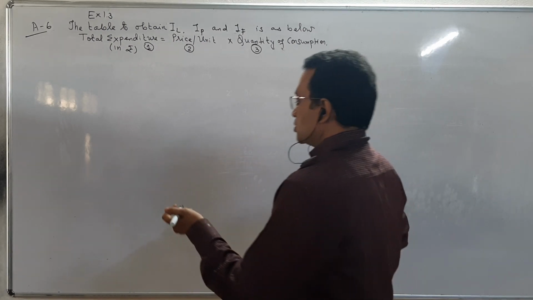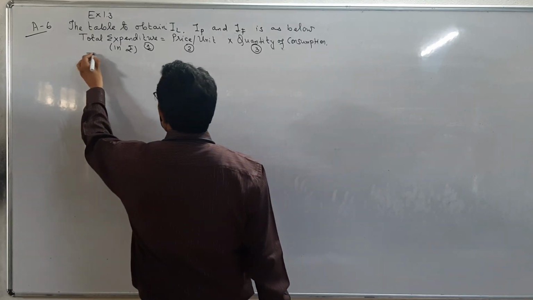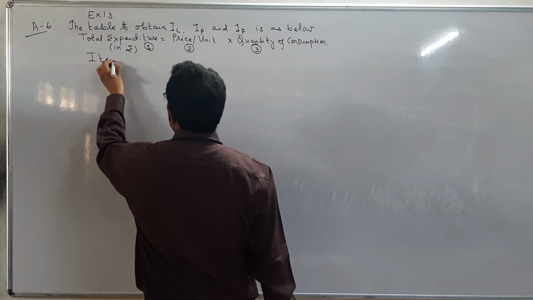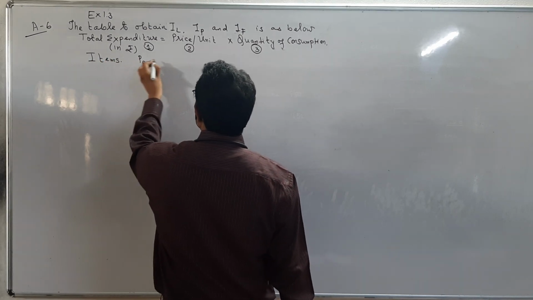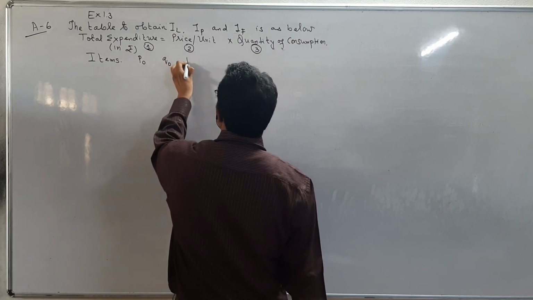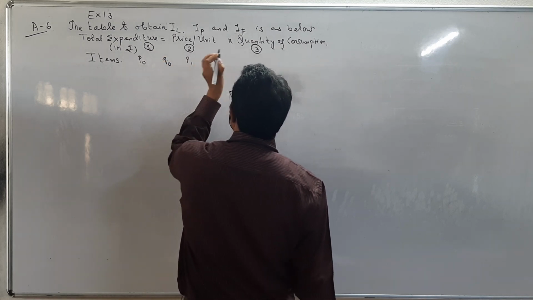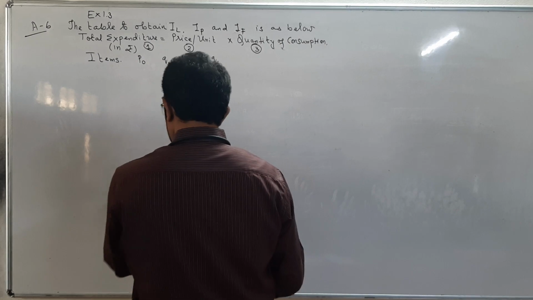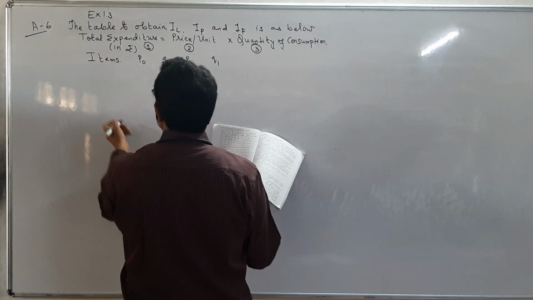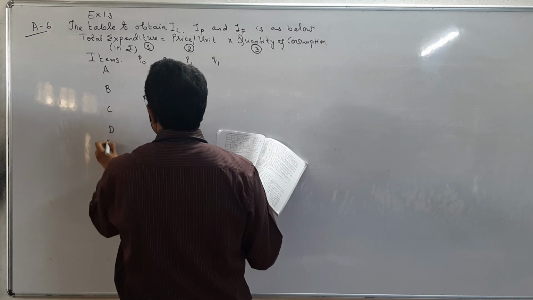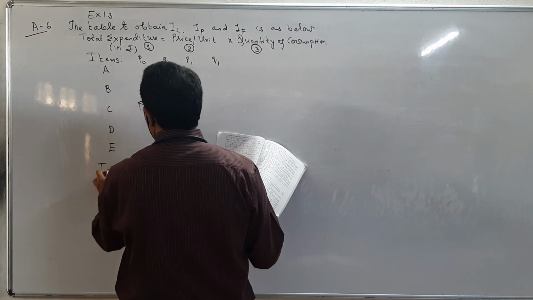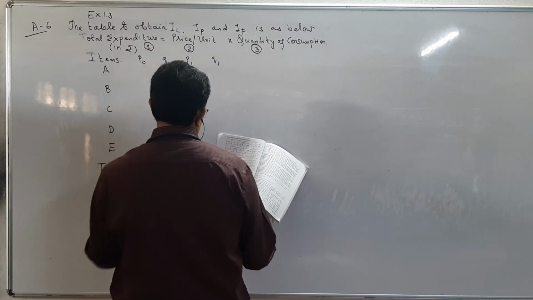Right. So the first column I am writing is again of items. No unit is given. So P0, Q0, P1, Q1. Okay, how many items are given? 5. So A, B, C, D, E, and then total.